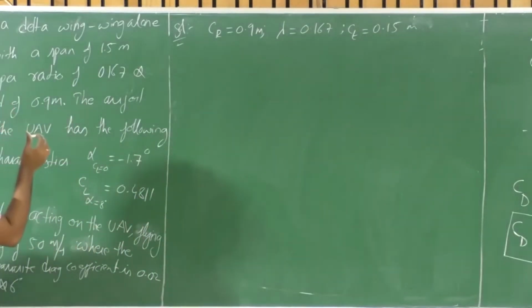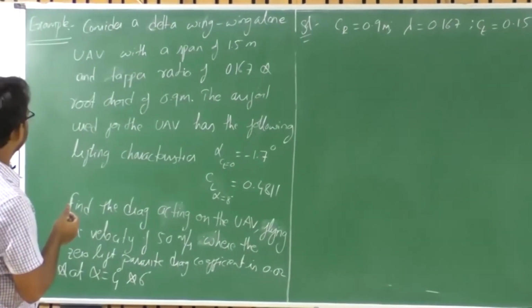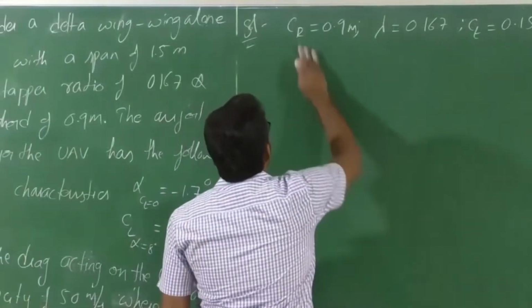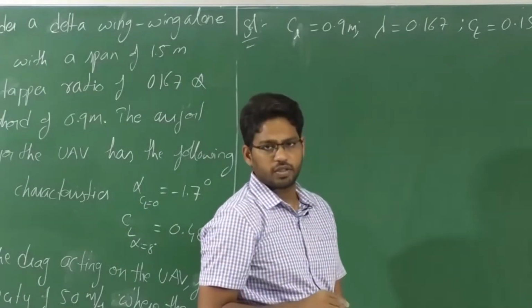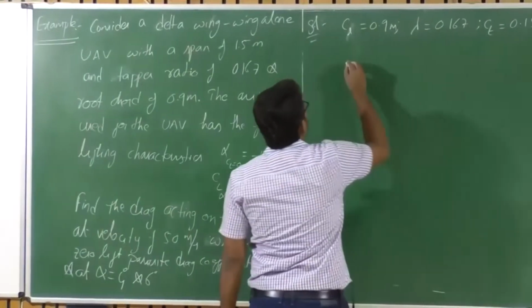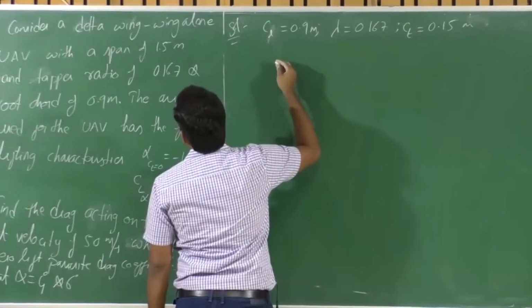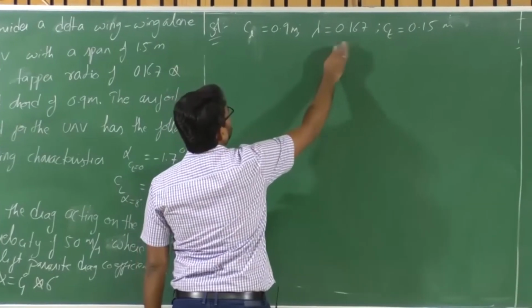The root chord is 0.9 meters, it is given, right? So CT will be 0.15 meters. Yeah, the taper ratio information, lambda, is given.